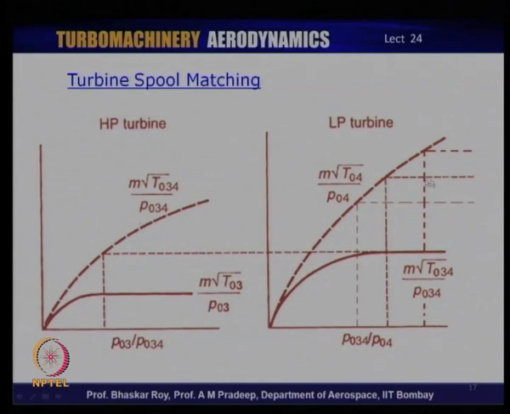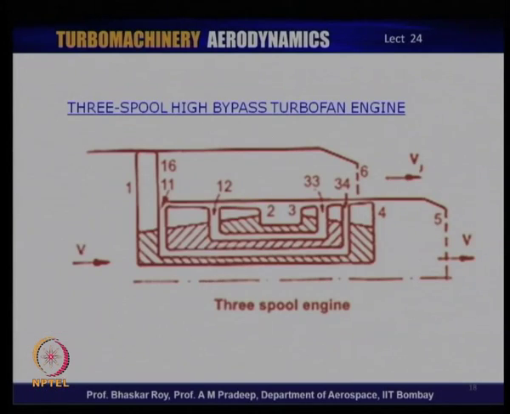So, you can extend this to whatever the component is following, and then try to do the matching on this characteristic map. So, this is how the two spools of the turbines need to be matched before you have set upon the detailed design of the turbine.